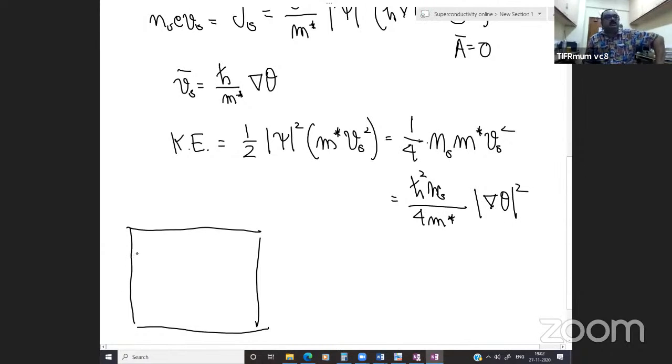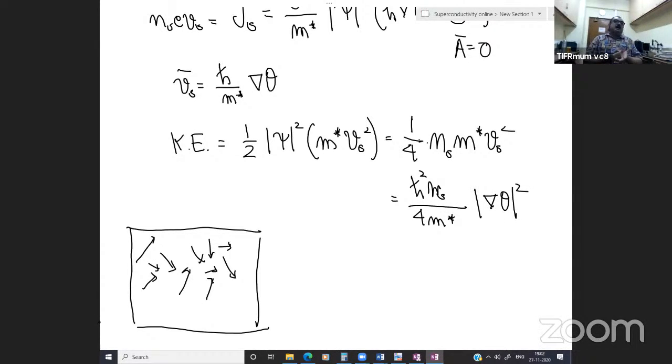So sometimes the gradient will be in this direction, sometimes in this direction, and so on. The gradient directions will be random, which means locally there will be supercurrents flowing. They will not dissipate because they are supercurrents, but the overall net current is zero. If locally supercurrents are flowing, then the superfluid has local kinetic energy, and the sum total of that kinetic energy will give me the Hamiltonian of the system.